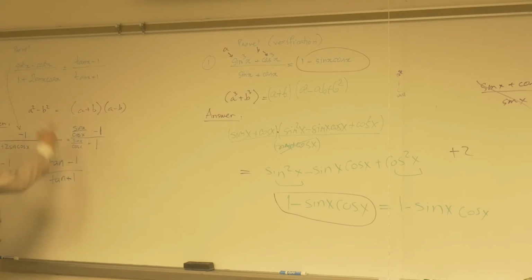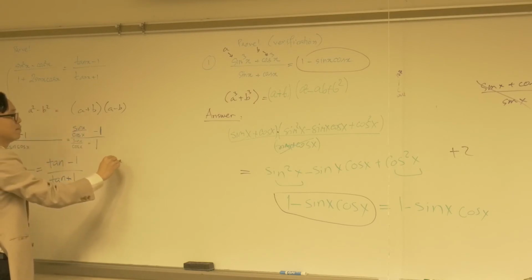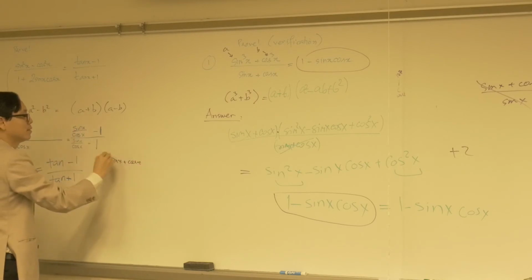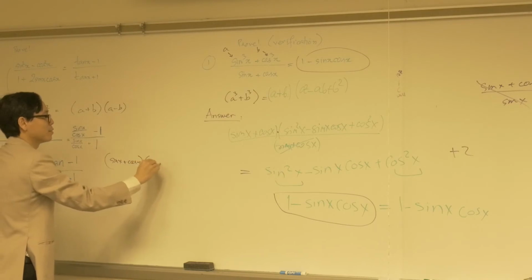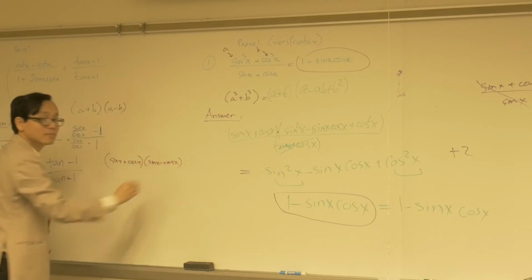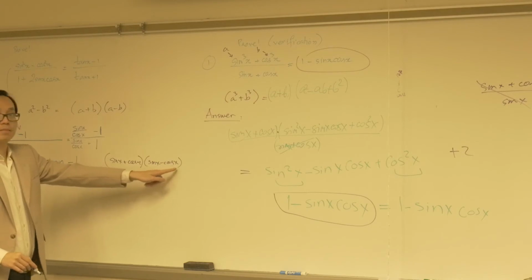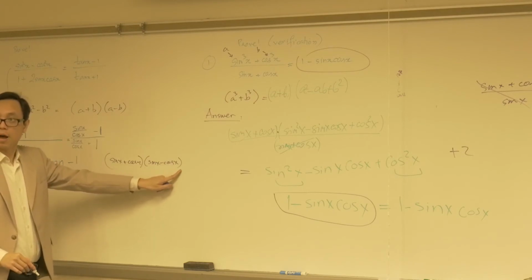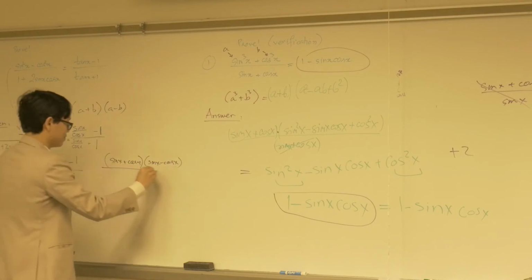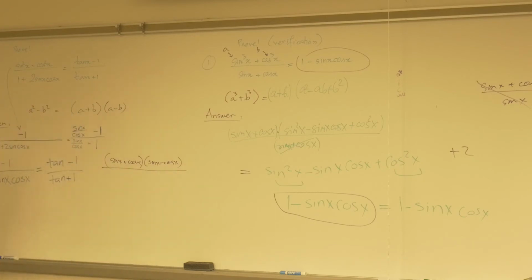So I can write the left hand side. This is where I start. I start on the left hand side. Okay. So that gives you sine plus cosine times sine minus cosine. Everybody agree with that? Because a squared minus b squared is a plus b times a minus b. Yes. Alright. Over. Alright. This is where it gets crazy right here.